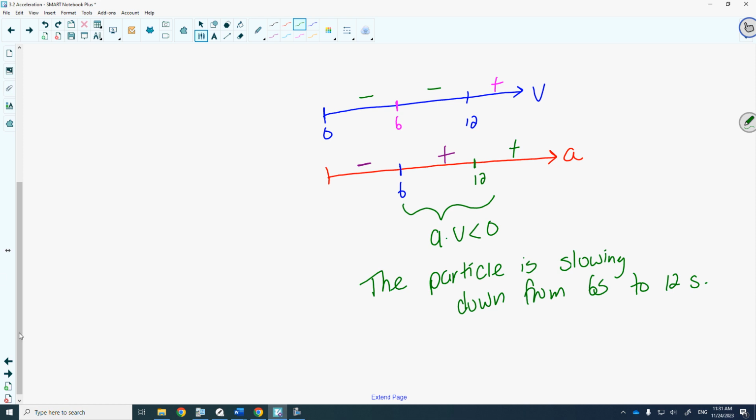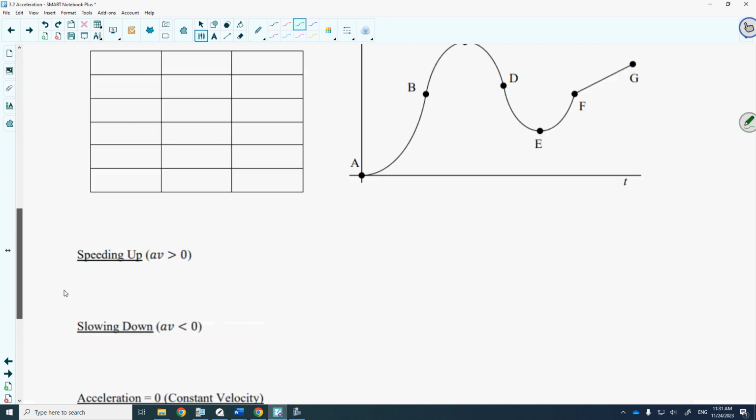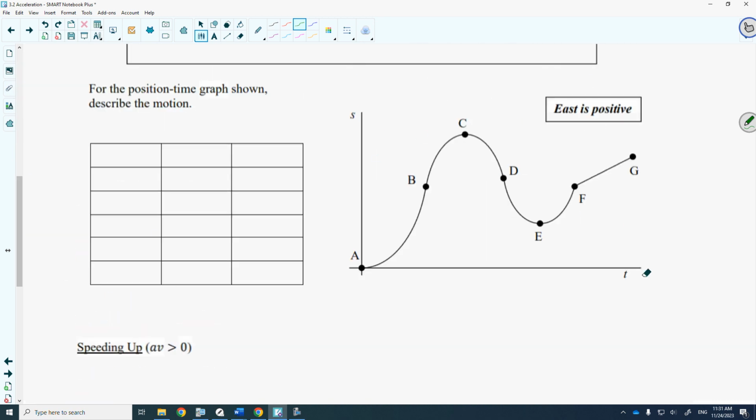Okay, let's look at acceleration now. What you have to be careful of for your exam is whether you're getting a velocity time graph or a position time graph.